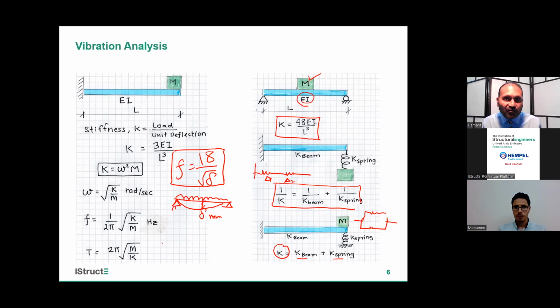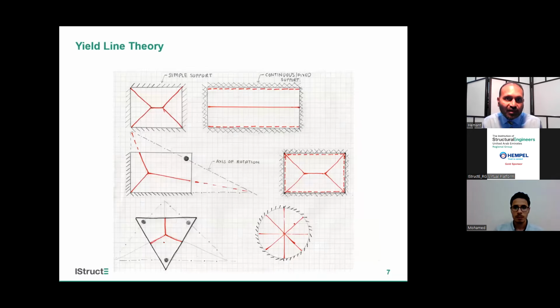Next question, which I have observed, is on yield line theory. Here we have put together a few cases of slabs with different boundary conditions, explaining what a simple edge, fixed support, simple support, free edge and column are. If Ly by Lx is less than 2, we call it a two-way slab, where load gets transferred to both ends, and simply supported, this will be the yield line.